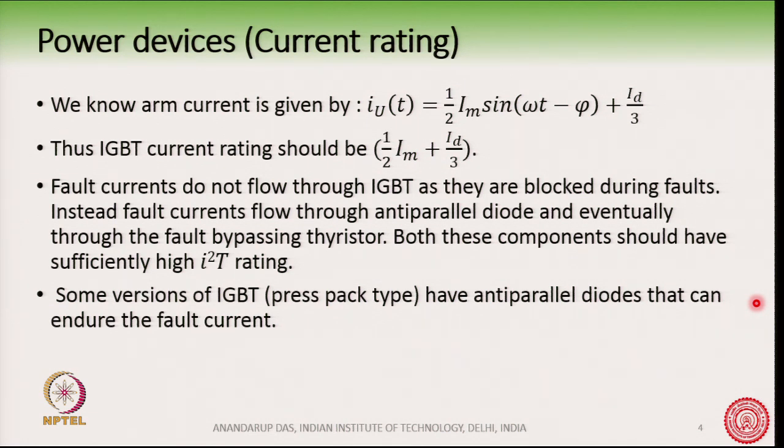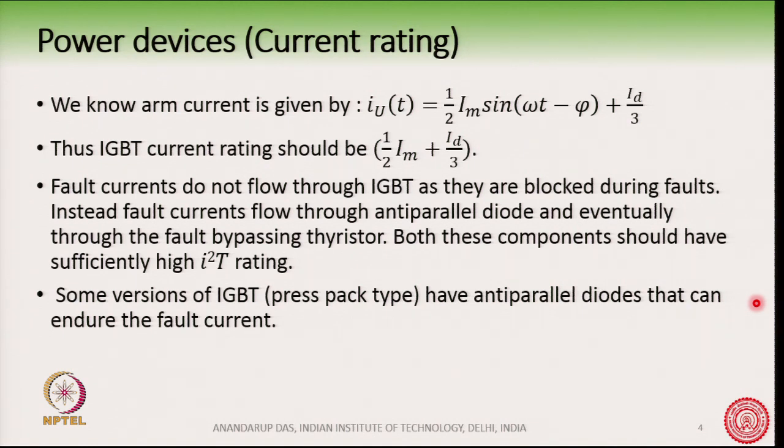So, remember that these diodes and thyristors must have a very high I square T rating, because the whole fault current will pass through those diodes and thyristors. Generally, diodes of rectifier class type and thyristors have very high I square T rating.